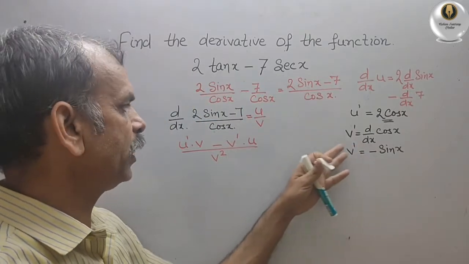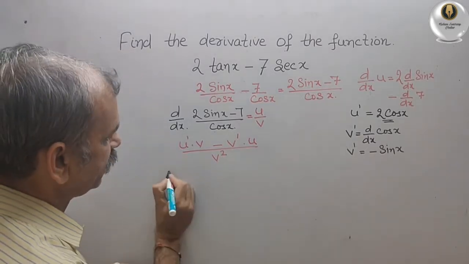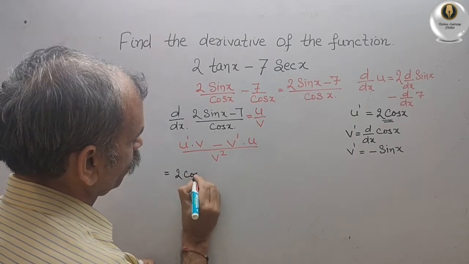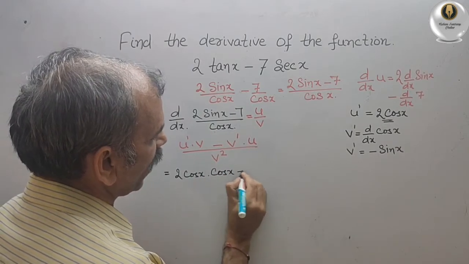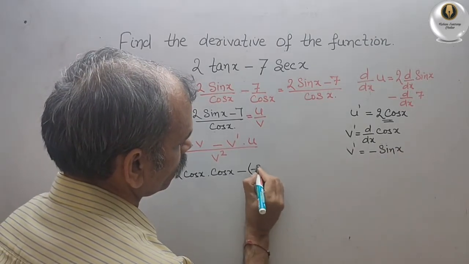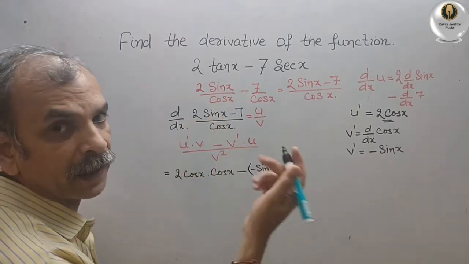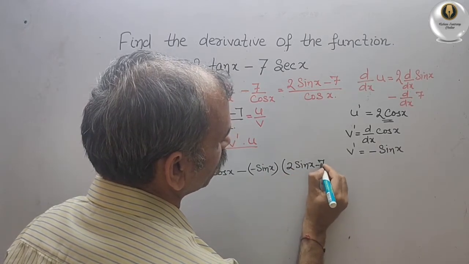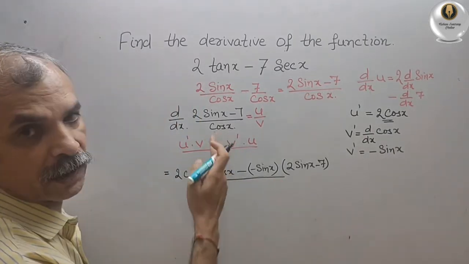Now substitute these two values along with your normal values. What will we get? You can see here u dash is 2 cos x into v, which is again cos x, minus v dash, which is minus sin x, into u, which is 2 sin x minus 7, by v square, which is cos square.